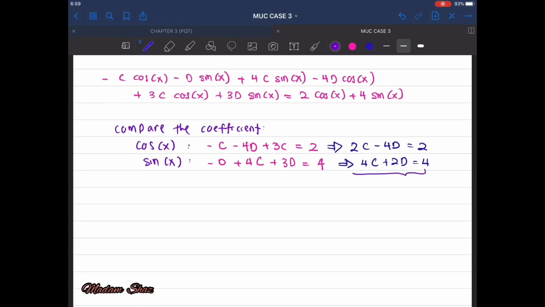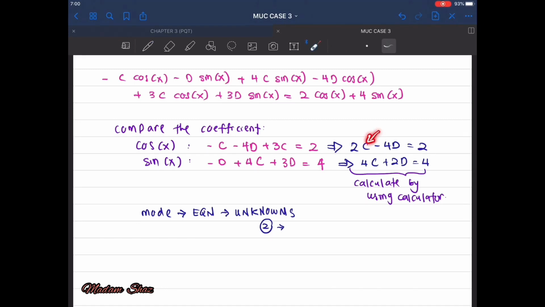So now you have to calculate by using calculator. Mode, EQN, unknown. So we take the value of 2. Why 2?